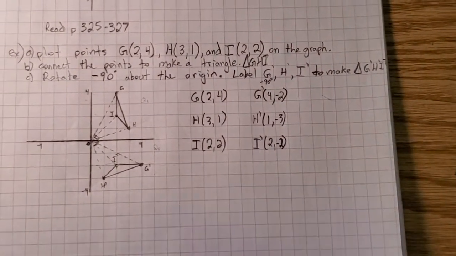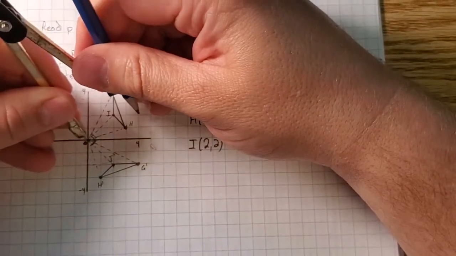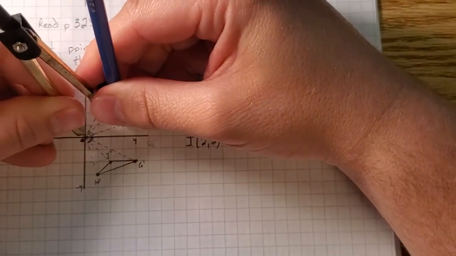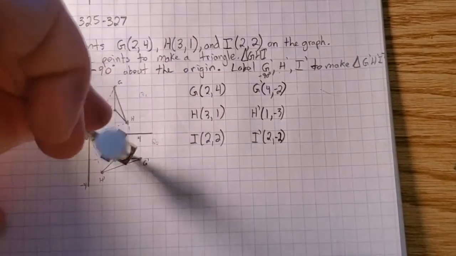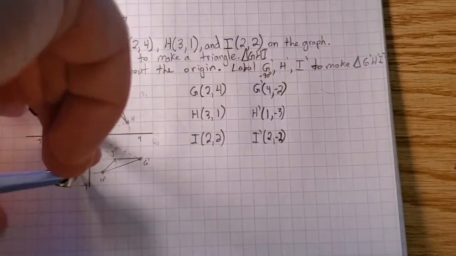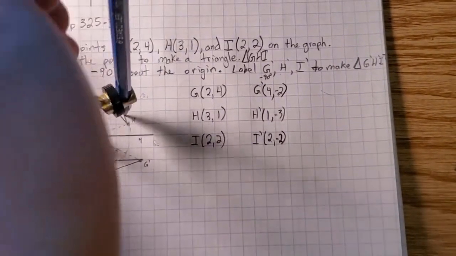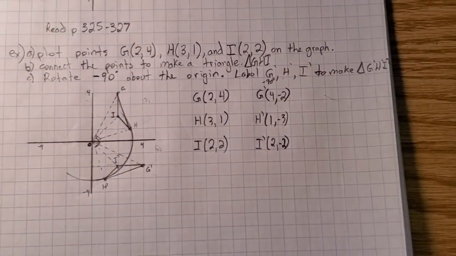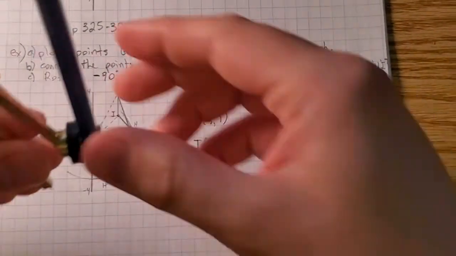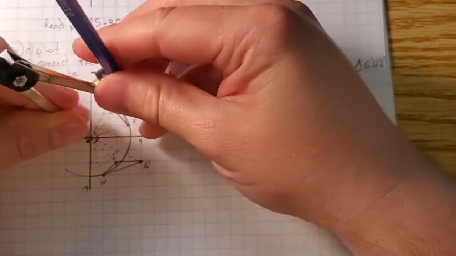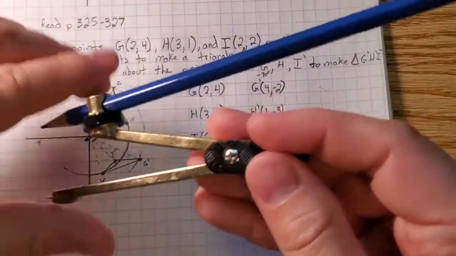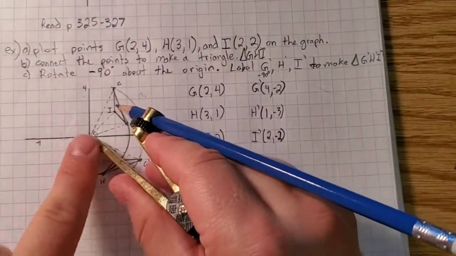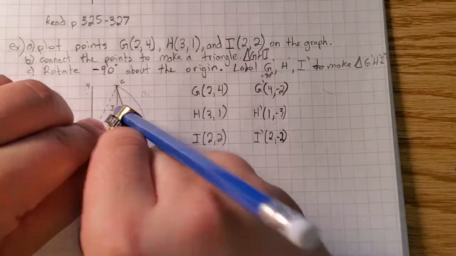Another way to kind of check that we've done this correctly is to take our compass, put it on H, and if we rotate around, it should go through H prime. Does it go through H prime? Yes, it does. Or take G, and does it go through G prime? Absolutely it does. Or find I. Does I go through I prime?